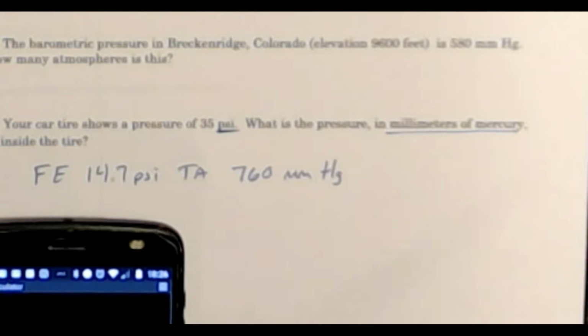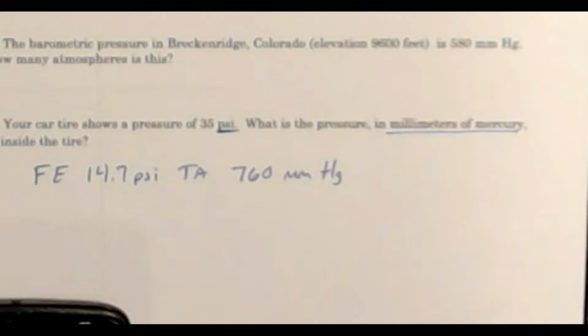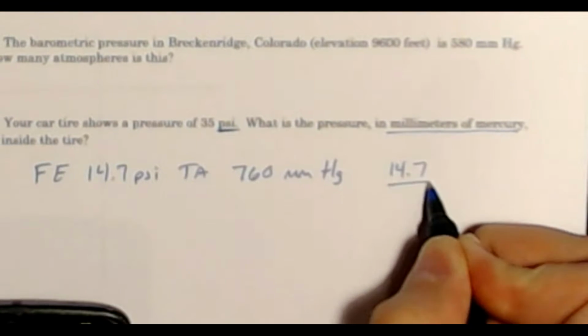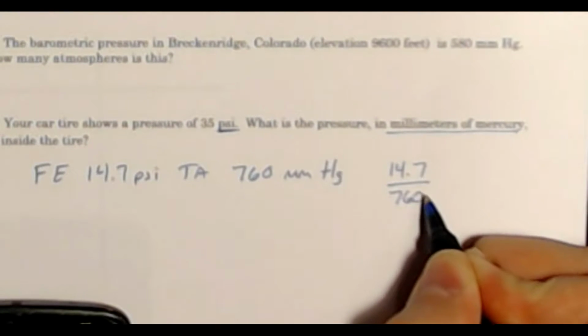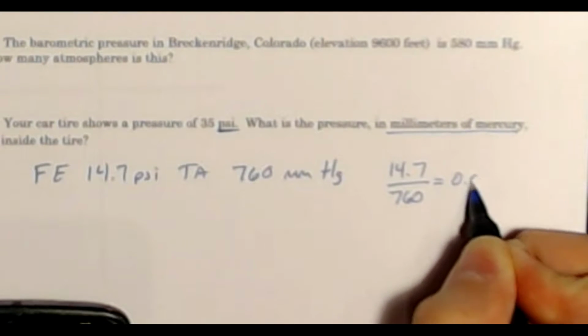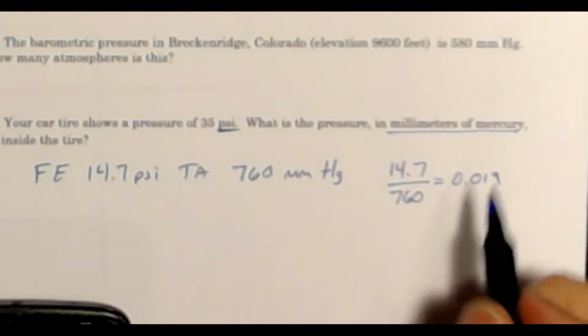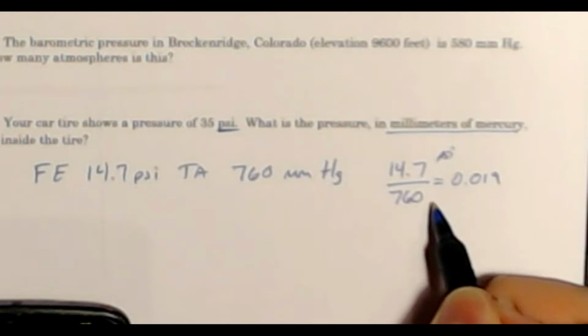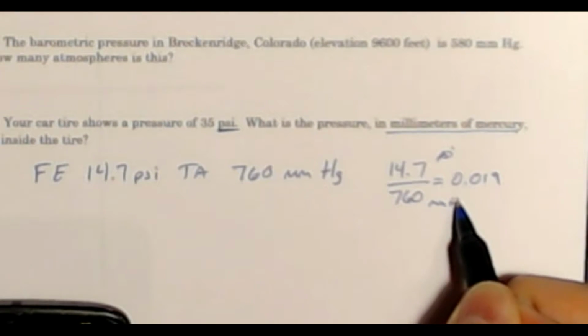Here's 14.7 divided by 760. What do we get? 0.019. So 14.7 divided by 760 equals 0.019. If we think about this in terms of units, this is psi and this is millimeters of mercury.